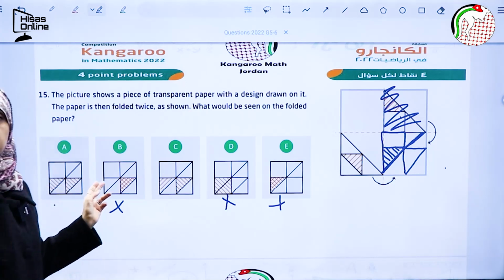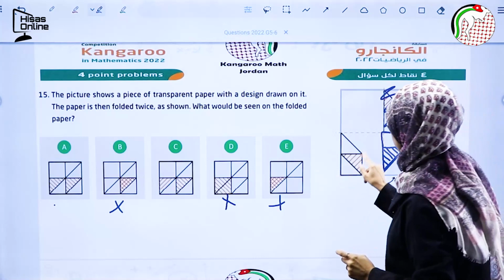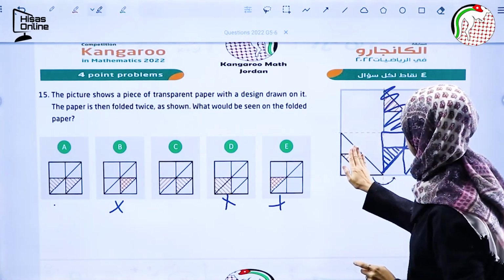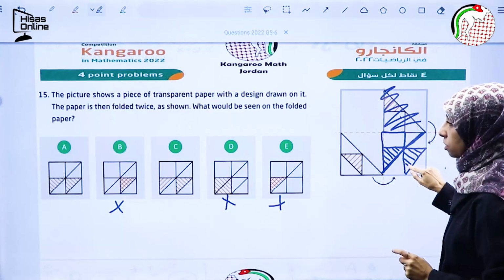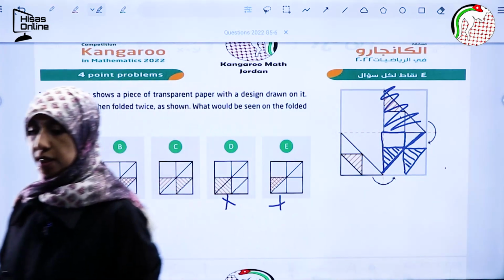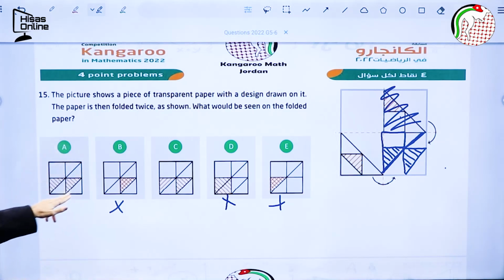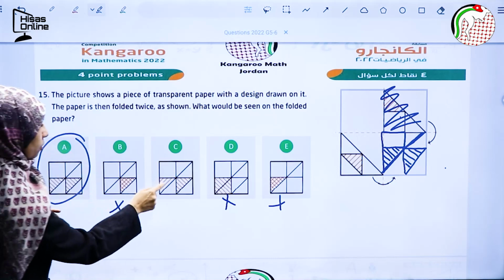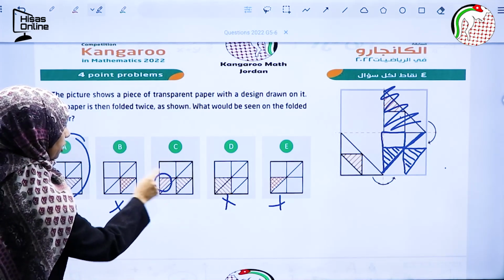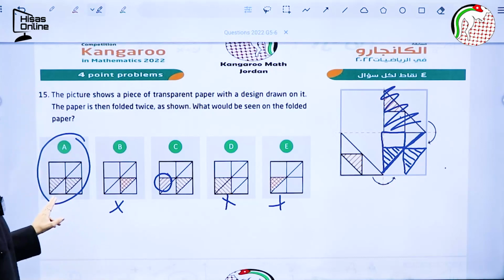This depends on the direction of the orange colors. So when this turned into here, it will have the same direction. Which one is the right answer? A is the right answer, because this one is wrong because of the direction of the orange lines here. So A is the right answer.